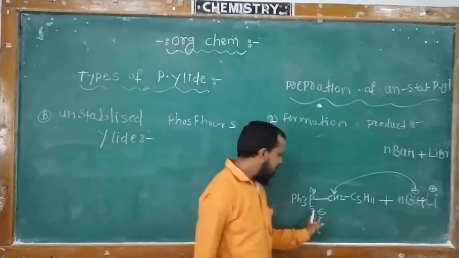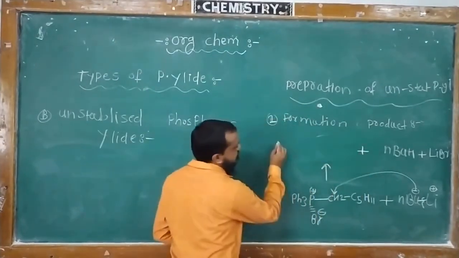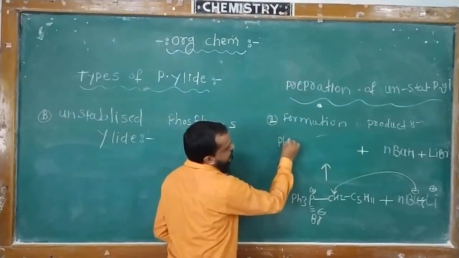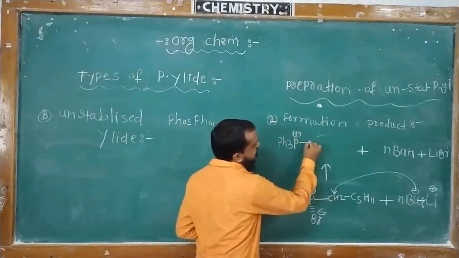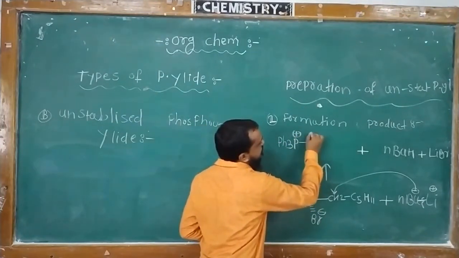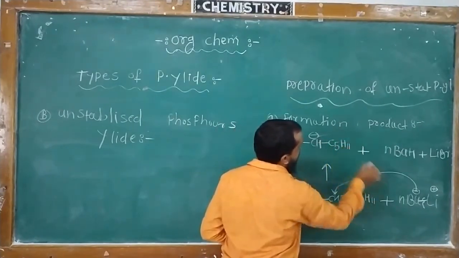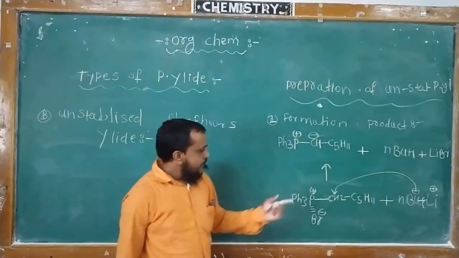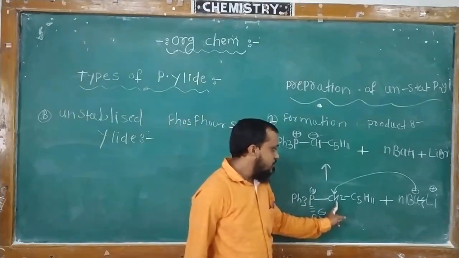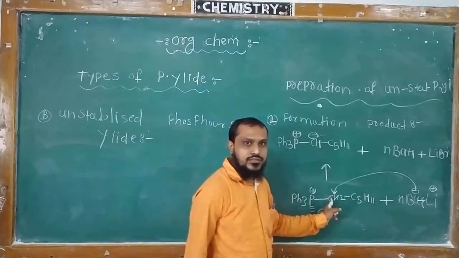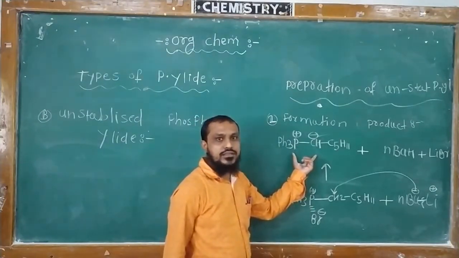And finally we will get our final product, phosphorus ylide. Here Ph3P positive, single bond CH negative, C5H11. One hydrogen is removed here, so the carbon bears a negative charge, and this is our final product, phosphorus ylide.